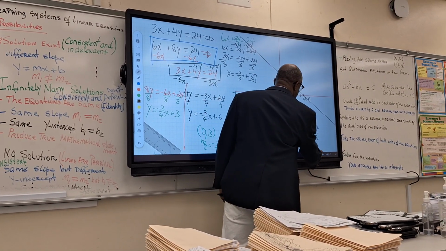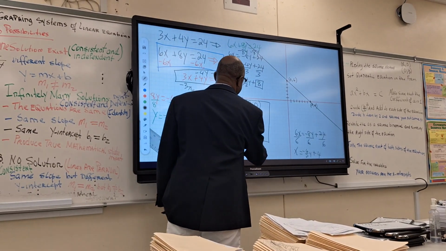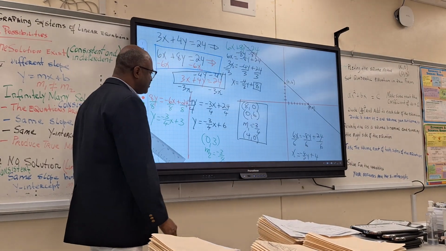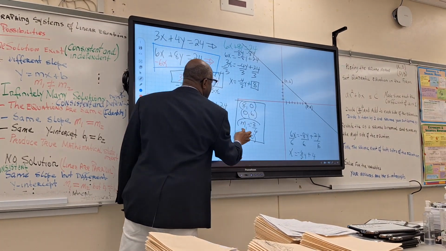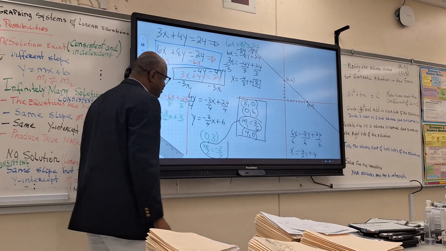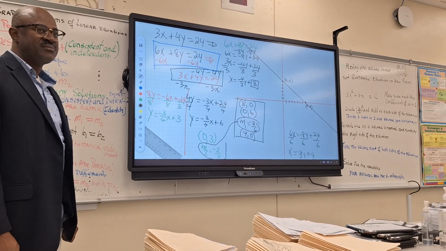Plus 4. And what is my x-intercept? 4, 0. Now before we even graph it, let's compare the slope. This is the slope for those two lines. What do you say about those two slopes? Yes. They are the same.